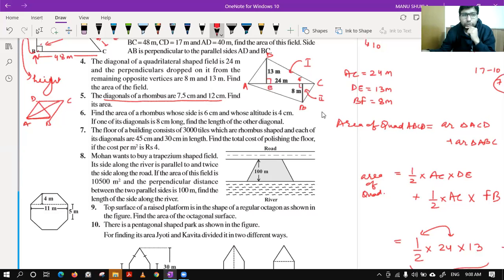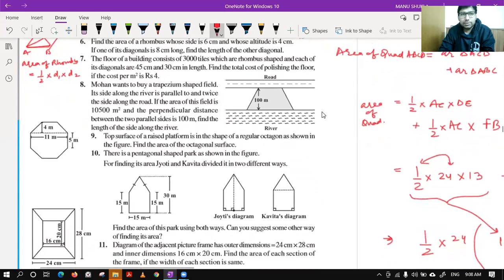Okay, so we know the area of rhombus is equal to half into diagonal 1 into diagonal 2. The length of diagonal 1 you can take as 7.5. You can take this as diagonal 1. You can take this as diagonal 2 and put the values and get the answer. This is a directly formula based question where both the lengths of diagonal were given to you. So just put the values and get the answer. I hope this is clear to you. Now let's see question number 6.